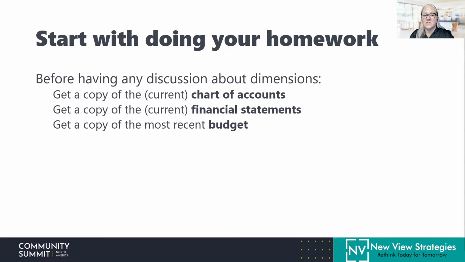Here's the new chart of accounts. Here's the way we want our financial statements to be, right? That's future state. You have to understand the current state of how a company is talking about their financial information and what they're looking at with their financial statements before you can get too deep into these conversations about exactly what's happening with their financial progress.